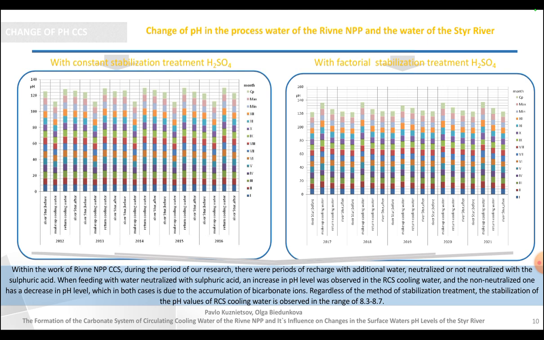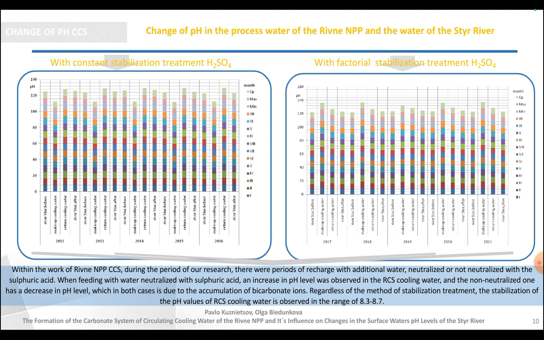Regardless of the method of treatment, the stabilization of the pH values of cooling water is observed in the range 8.3 to 8.7. The discharge of return water with pH value 8.3 to 8.7 from the Rivne NPP does not affect the pH value of water in the Styr river.